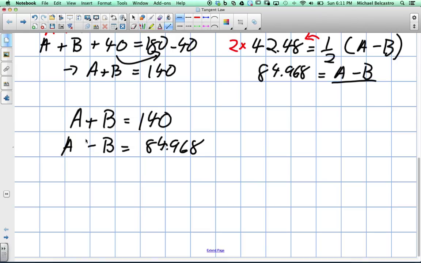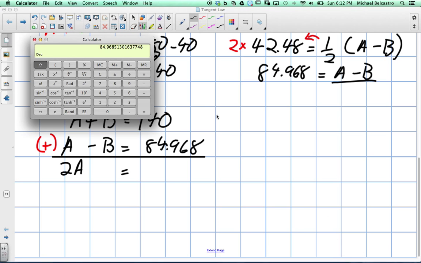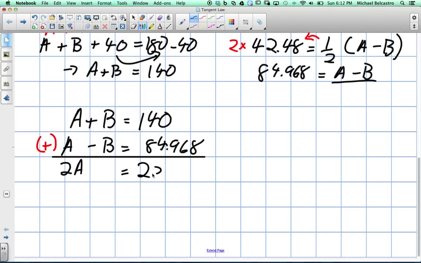In an elimination type question, we're going to try to eliminate one of the unknown variables. So we're going to add these two equations together, and we're going to get 2A. The B's will cancel out, and we have to add these values: 84.968 plus 140 equals 224.968.